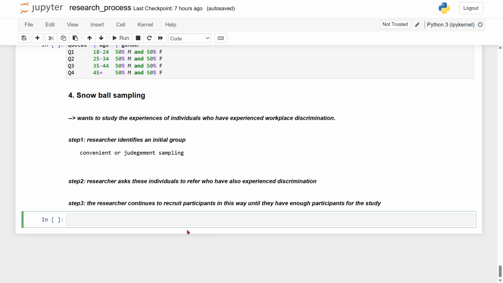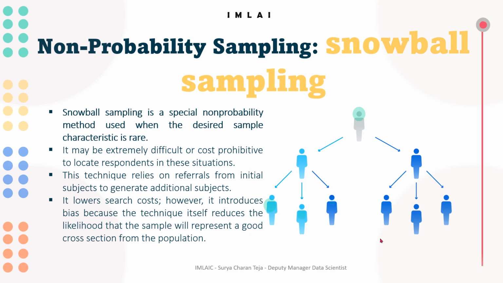However, this method can introduce bias into the results, as the sample may not be representative of the larger population, and individuals who are referred by others may share similar characteristics or experiences.